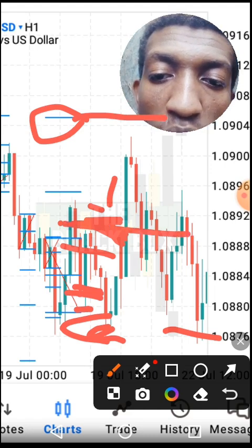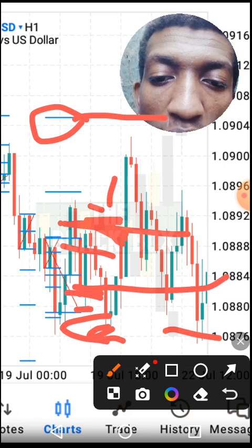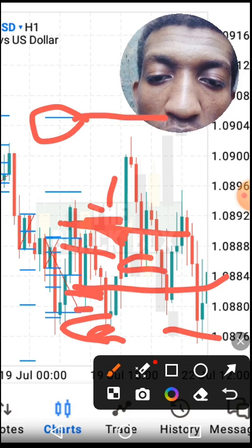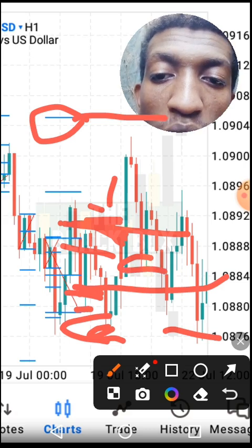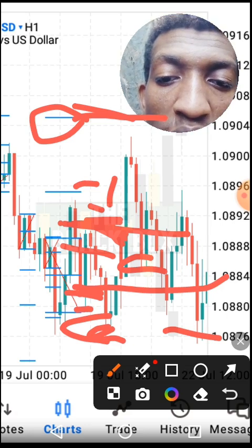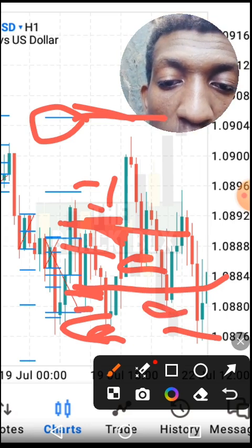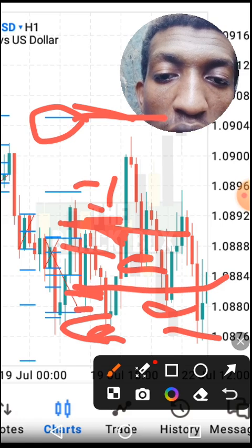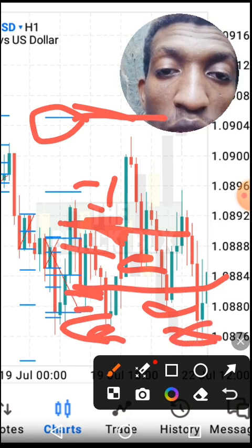Based on this black box, you're gonna buy another one right here. Buy because TP2 is up there. It's up there for both of them. This is a buy and this is the next buy. I'm not gonna buy this one anymore.